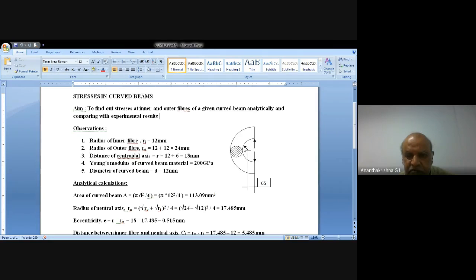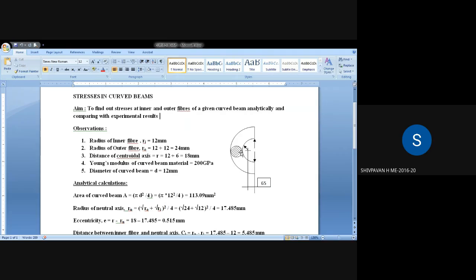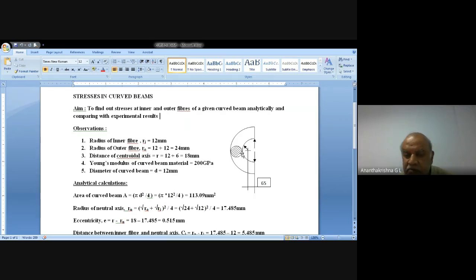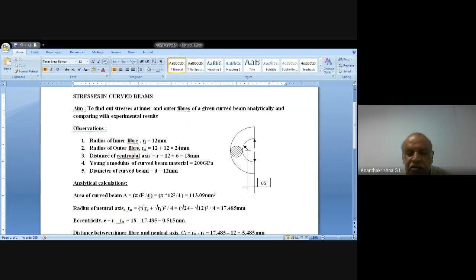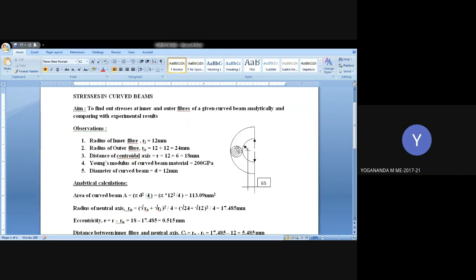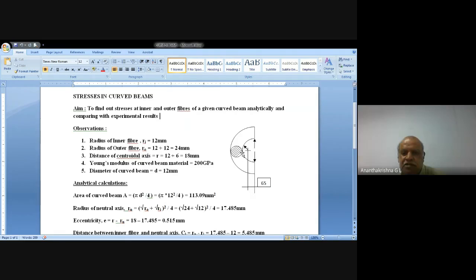Tensile stress, and the outer fiber is subjected to compressive stress.